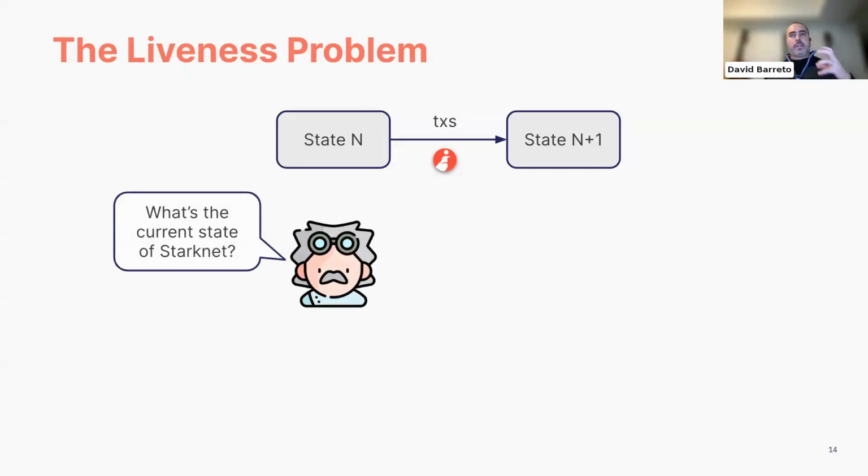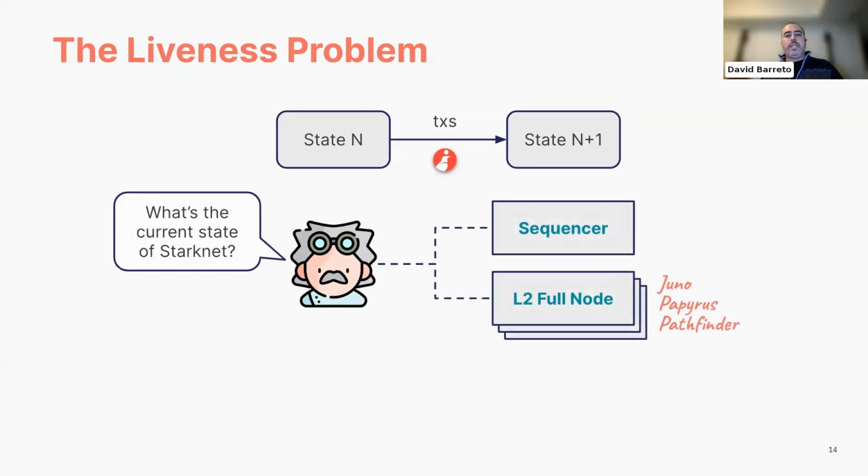Now, to know what is the current state of the network, that state N, you can either talk to the sequencer, which knows what's the current state and has all the details, or you can talk to a layer 2 full node, a Starknet full node, of which we have 3 different clients. We have Juno, Papyrus, and Pathfinder. Those are clients that run on your computer. So, there's a single sequencer, but there are multiple layer 2 full nodes, so you can get that answer from any one of them.